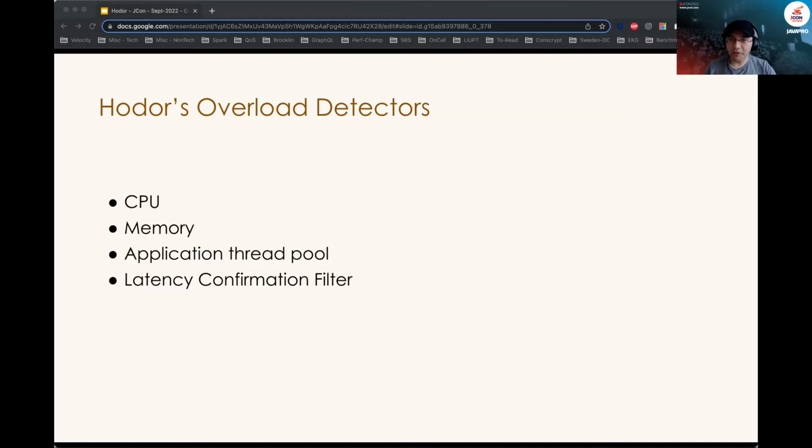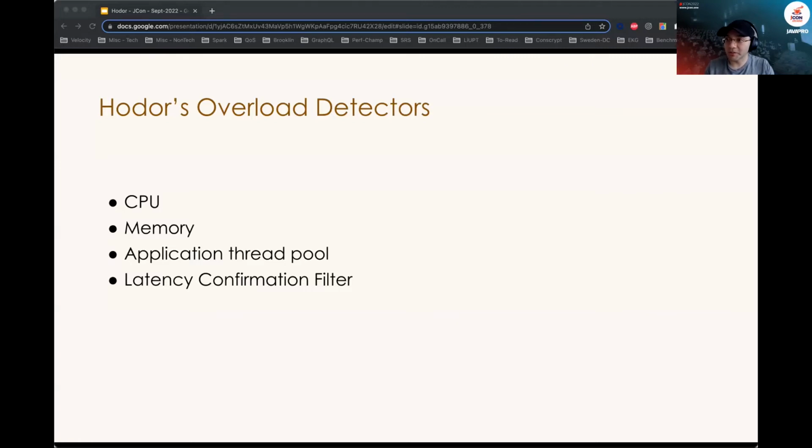Now, before I jump into the actual individual detector design, I want to clearly call out one thing. It is extremely important for our detectors to have high precision. In other words, the detectors should not fire an overload when there is no legitimate overload. This is because the price that a service has to pay when one of our detectors fires is very high.